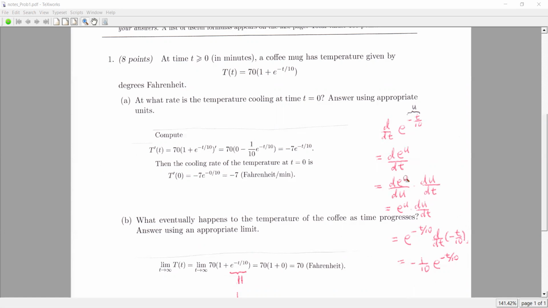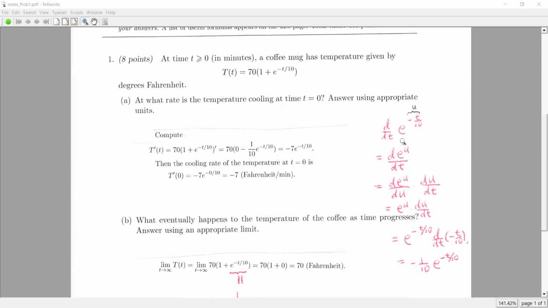Derivative of e to u with respect to u is e to u. Now delete u, remove u. Plug in negative t over 10 in u, then I have this equation. Derivative of negative t over 10 is negative 1 over 10. This is the result of this derivative.